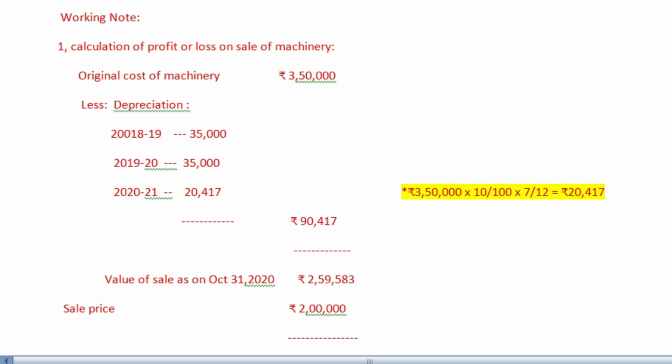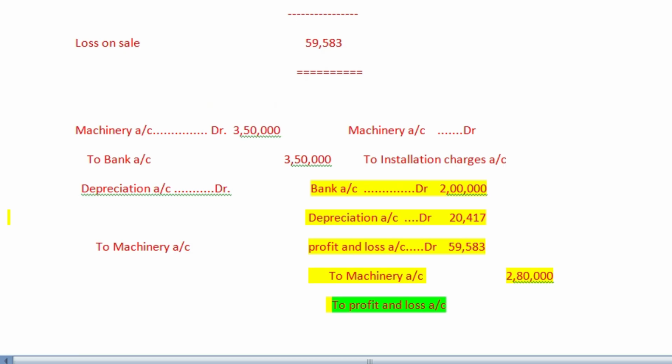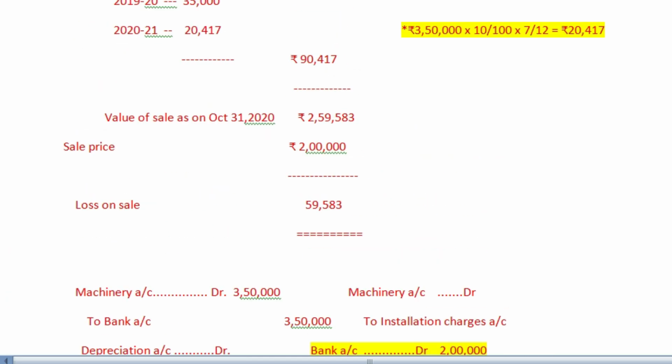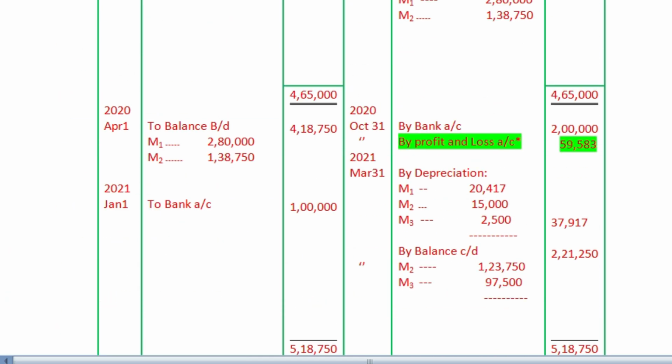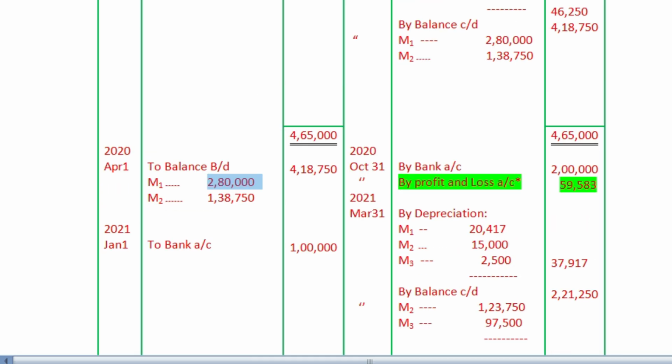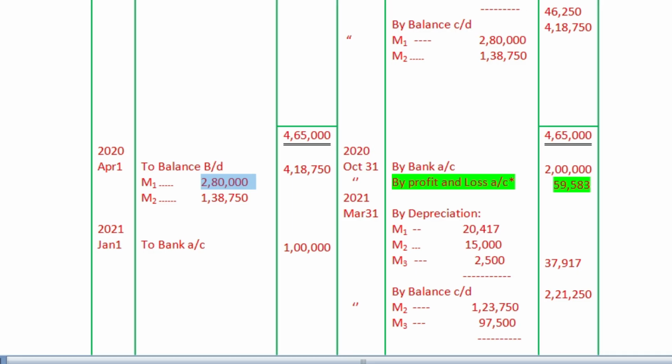Okay, calculation of the profit or loss on sale of machinery. For calculation of profit or loss on sale of machinery, you have to show the whole year's depreciation, by taking this value also. If you take this value 2,80,000, then you deduct only this year's depreciation.